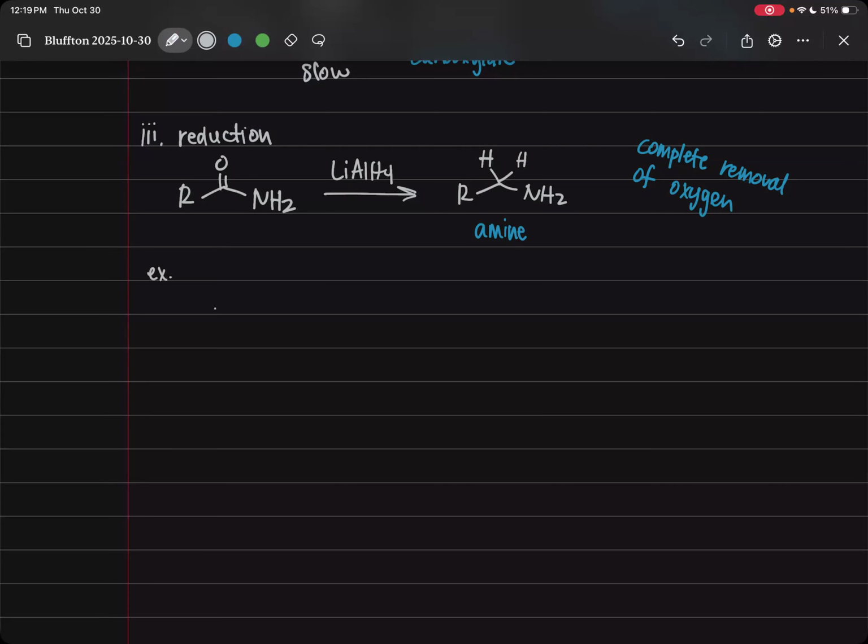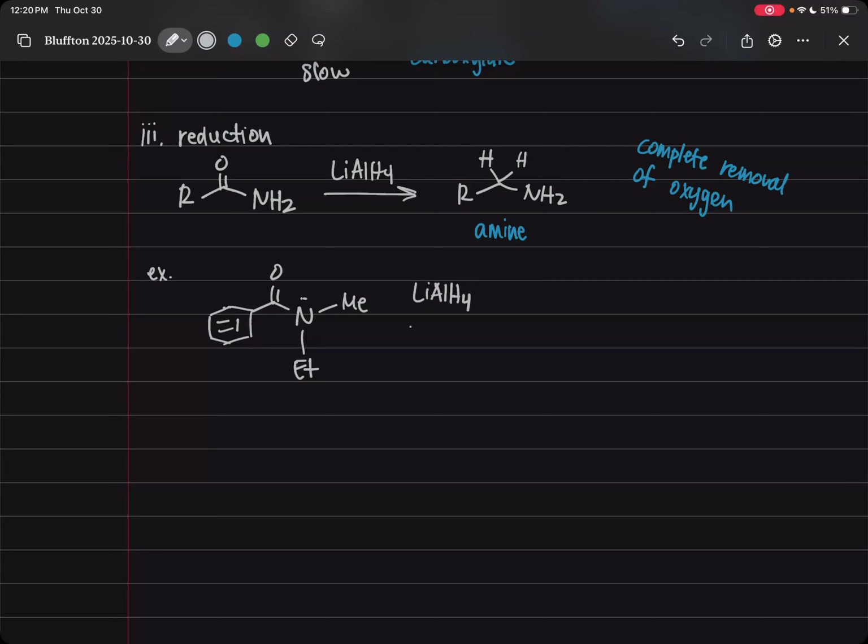So let's say that we have this molecule, which is an amide, right? It's got the carbonyl next to the nitrogen, but we have two other R groups, a methyl and an ethyl group on the amide, and that's okay.